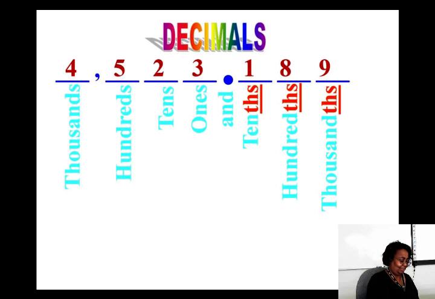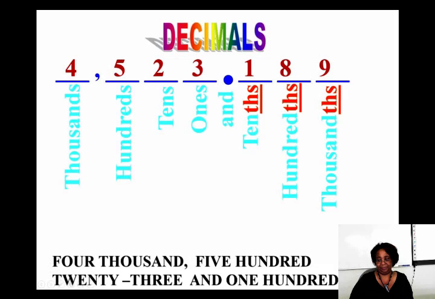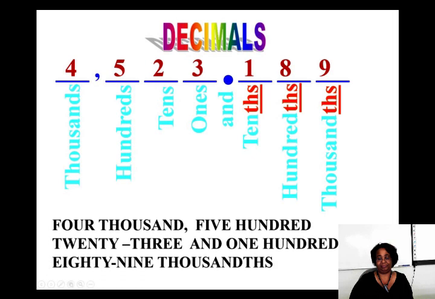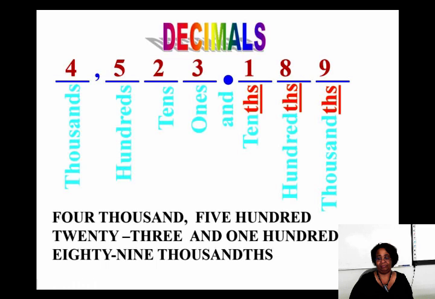I thought I heard somebody say 800. 189 thousandths, yes, not 800. So this is what it looks like in words. So the 23 has a dash and the 89 has a dash.